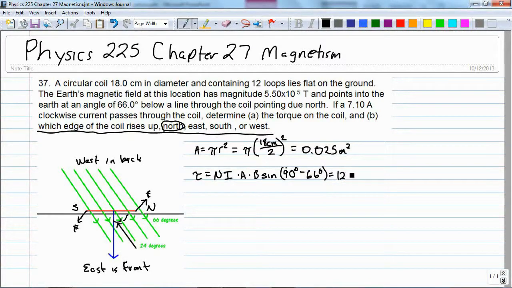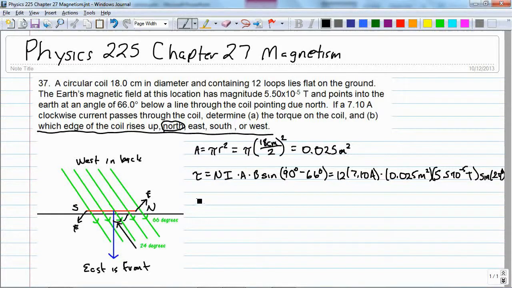So it's 12 times 7.10 amps times 0.025 meters squared times 5.5 times 10 to the minus fifth Teslas times sine 24 degrees.